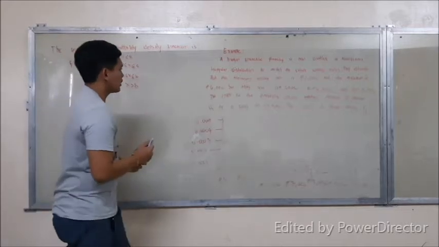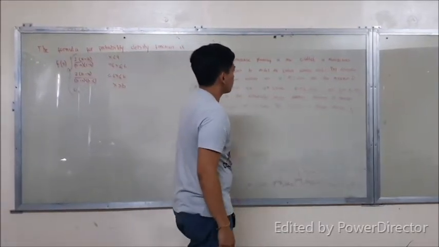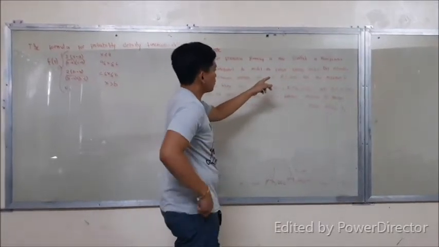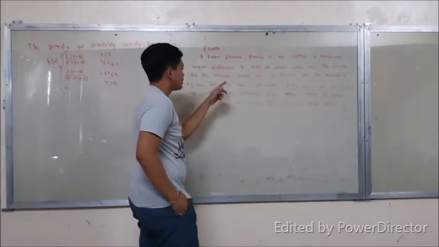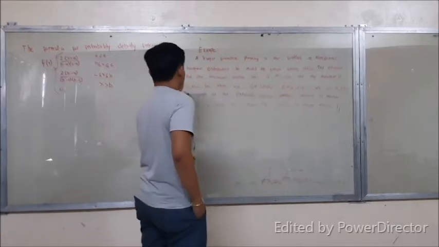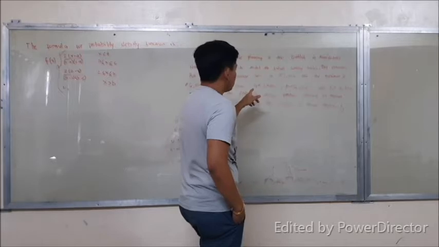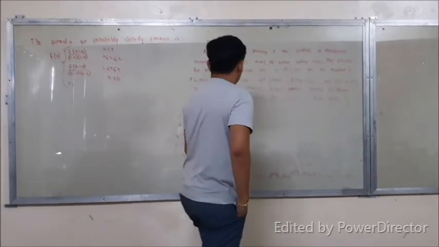So here's an example. A burger franchise is planning a new outlet in Manila. They use a triangular distribution to model the future weekly sales. They estimate that the minimum weekly sales is 1,000 and the maximum is 6,000 pesos. So they use a equals 1,000, b equals 6,000, and c equals 3,500.